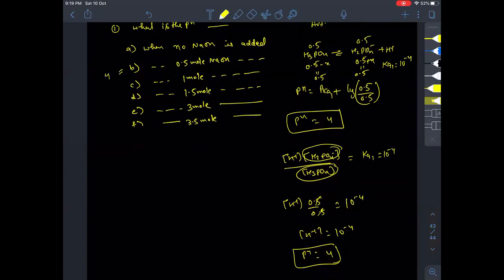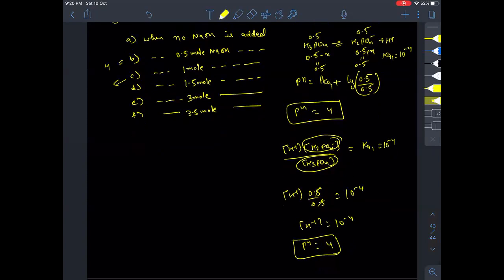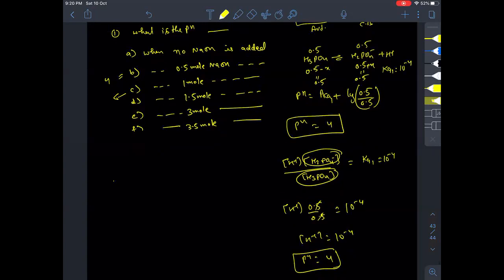Now what will happen if 1 mole is added? If you add 1 mole, I hope you understand the entire H3PO4 will be converted, 1 and 1, then entirely it will convert into H2PO4 minus. Now this is the case of an amphiprotic anion, because now there is nothing left, this is 0 and 0. So you have H2PO4 minus. It is not a normal species.